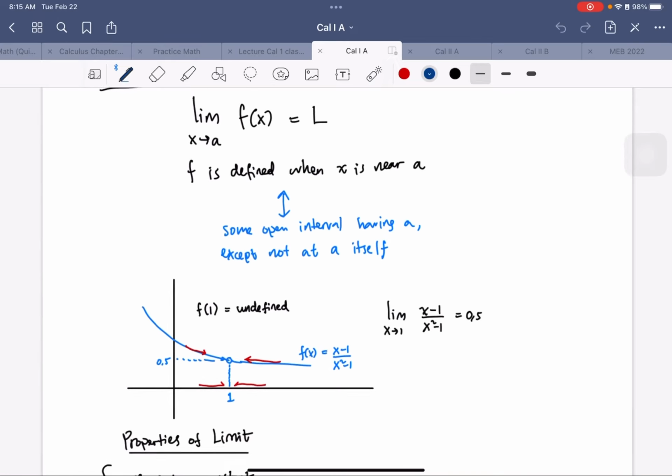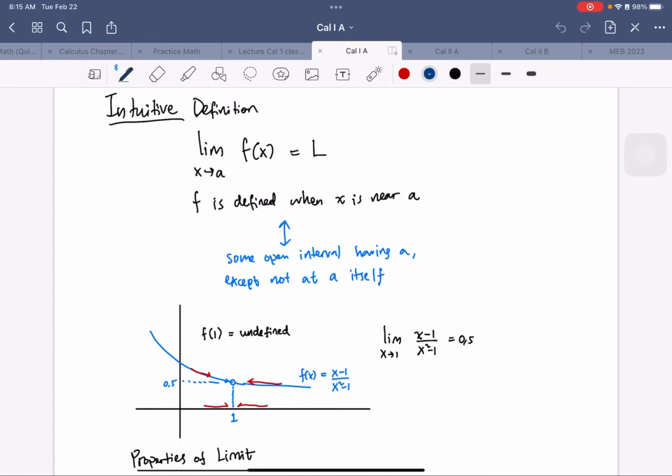So we have defined intuitively the limit with the tools of limit. It means that we are approaching a function, f of x, as x approaches a, and we can say that the function is approaching a finite number.